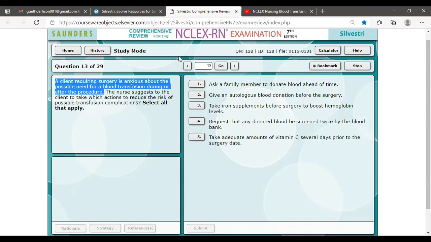So if I need a blood transfusion, a thousand questions come to my mind. What questions come? Will I have any blood transfusion reaction? Or the question comes, the person who donated the blood, is it good or bad? Any infectious disease there or not?